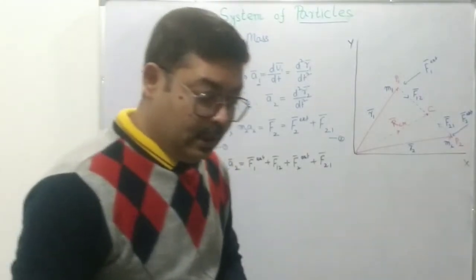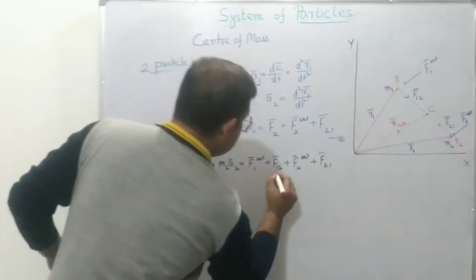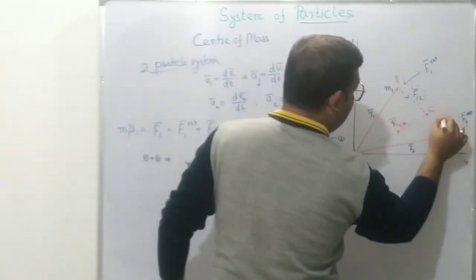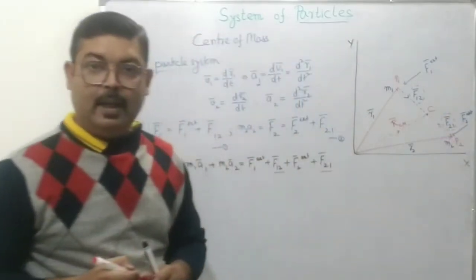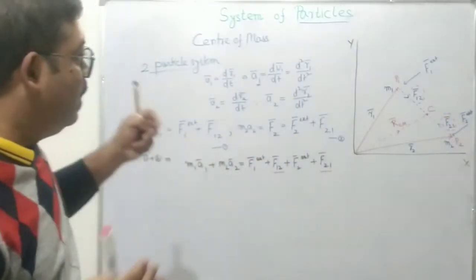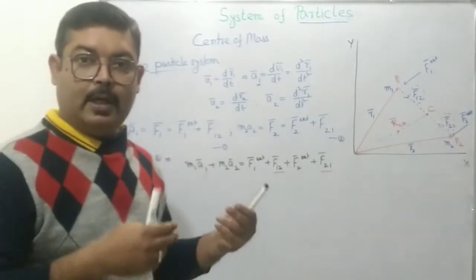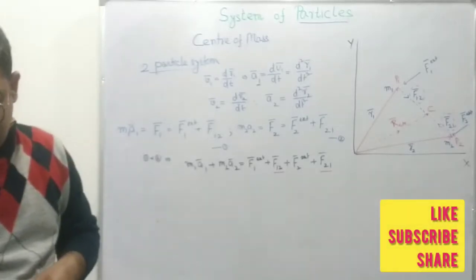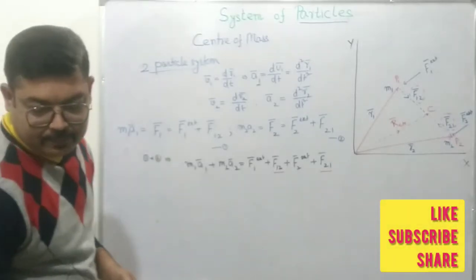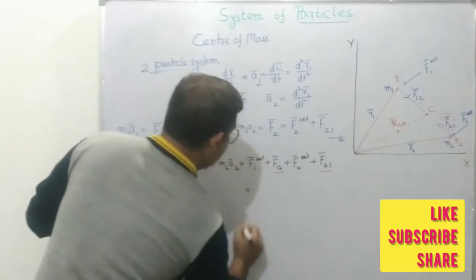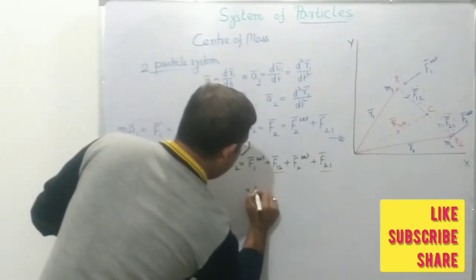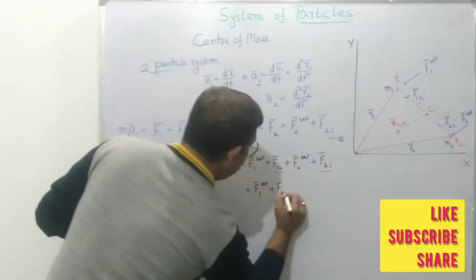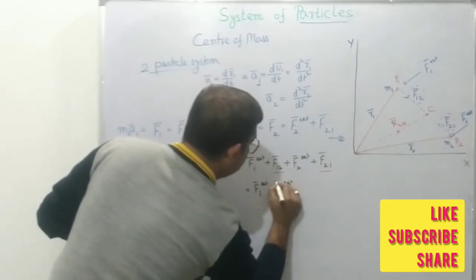Now if you consider these two internal forces F12 and F21, that is this force and this force, they form an action and reaction pair. They are mutually opposite to each other and their magnitude should be equal, which means these two will cancel out. So what we get is F1 external plus F2 external.